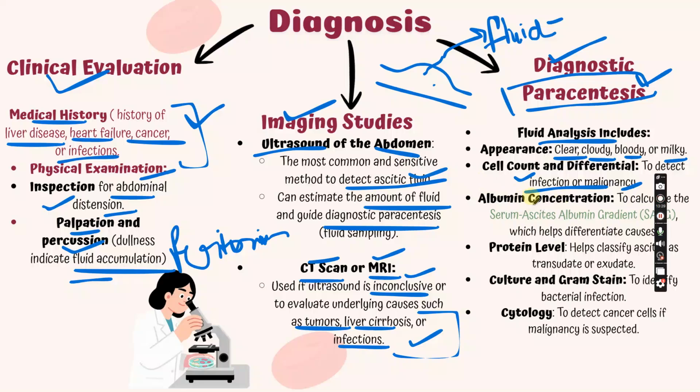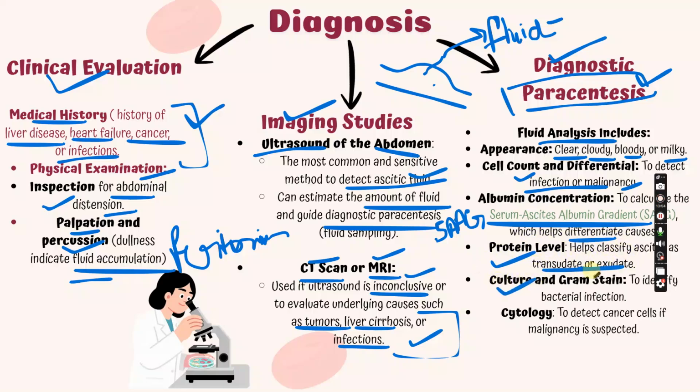Then there is albumin concentration, that is to calculate the serum ascites albumin gradient, also known as SAAG. This test is also done to differentiate the cause. Then we'll go for the protein levels to check and classify any type of transudate or exudate.